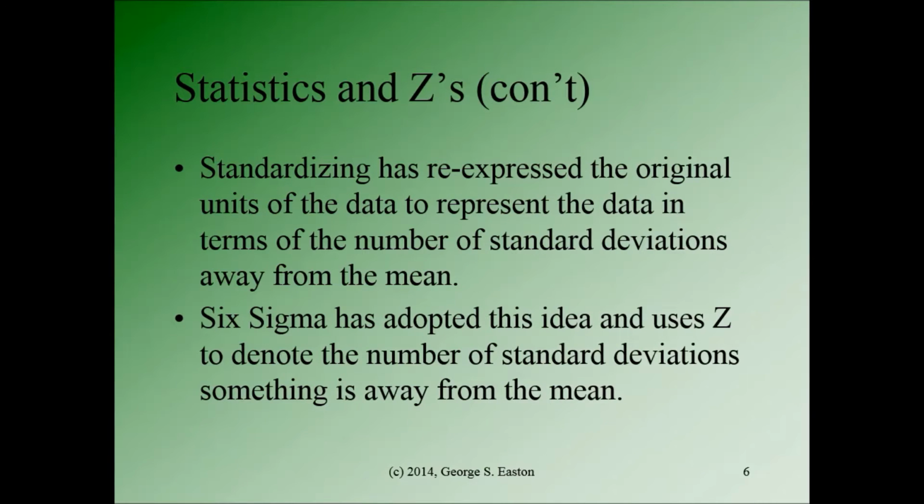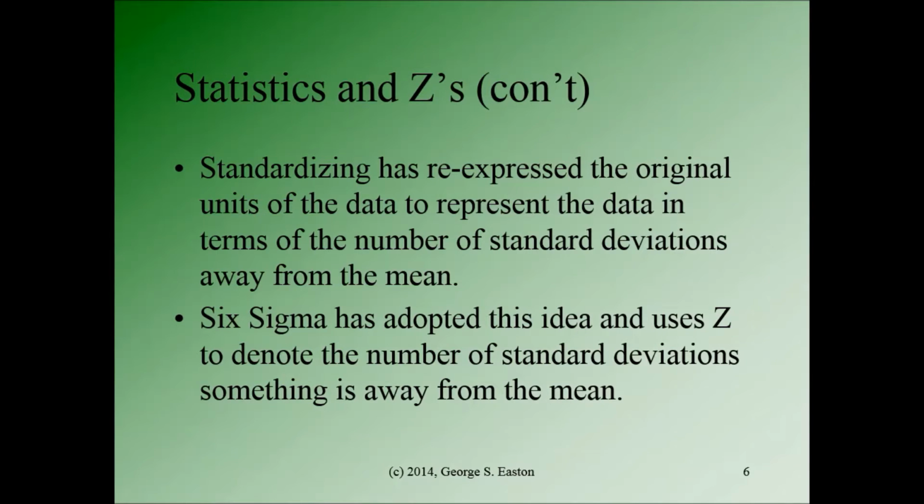What standardizing has done is re-express the original units in terms of the number of standard deviations away from the mean. So if the value of Z is, for example, 2.1, we know that the statistic is 2.1 standard deviations above the mean.